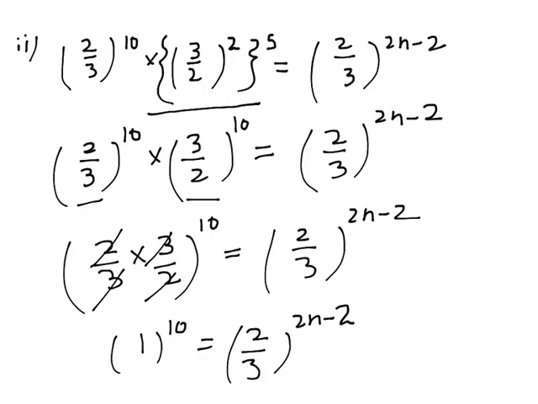Now we know anything raised to the power 0 is 1. So here we can equate the exponents only when we have the same bases. Because here we have 1 raised to the power 10, which will give us 1 only.